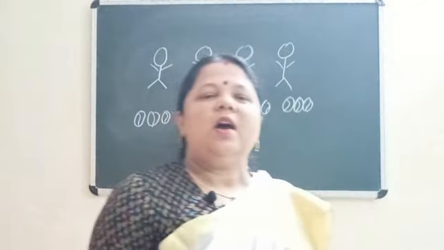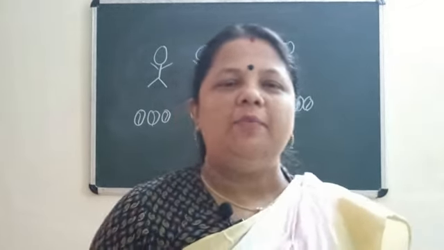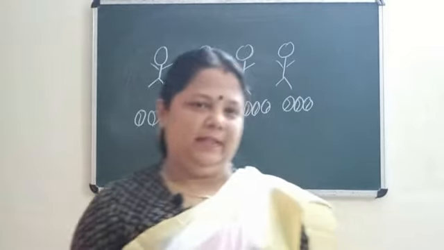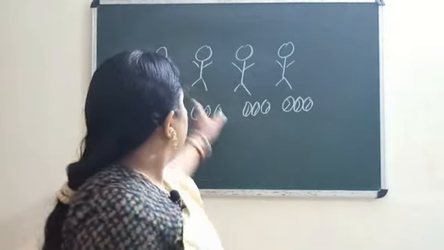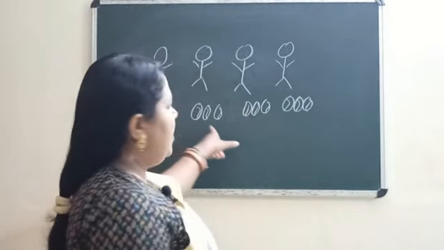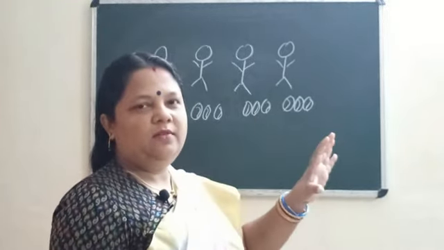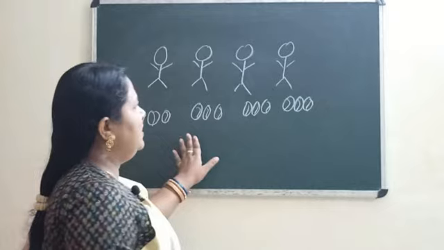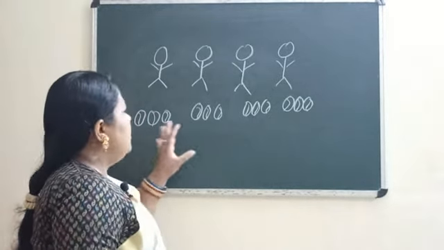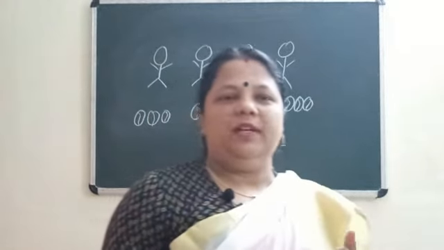So how to find out how many balls there are? 4 persons, each one having three balls. How to find out the number? Let's discuss. What idea are you thinking to find out?